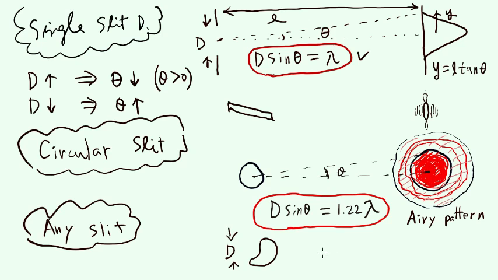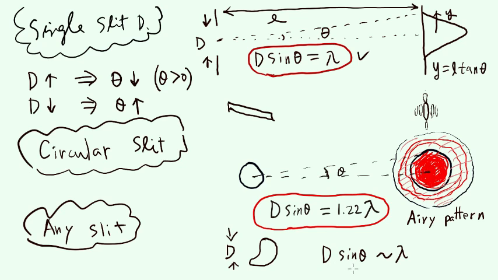If that's the case, then the angular spread of the pattern that you see on the screen is given by d sine theta being a number on the order of lambda.